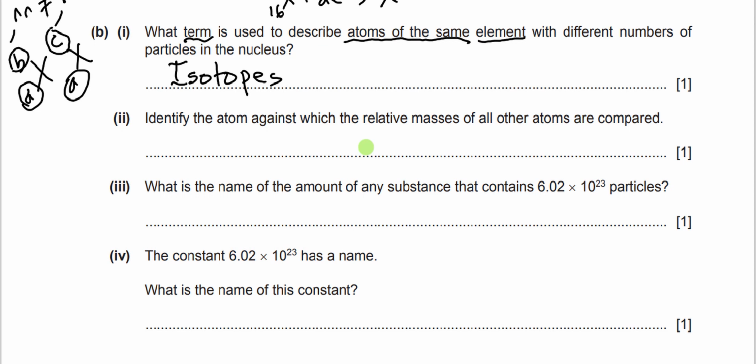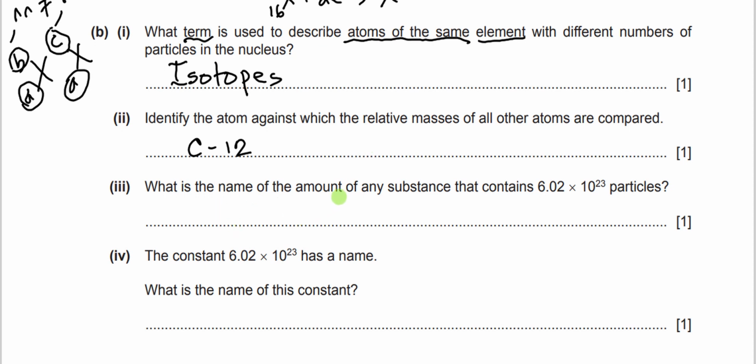You have carbon 12, carbon 13, and carbon 14. So the particular isotope of carbon that is always used when comparing the relative masses of atoms of other elements is carbon 12, because of its relative stability compared to other atoms of carbon. So that's carbon 12.